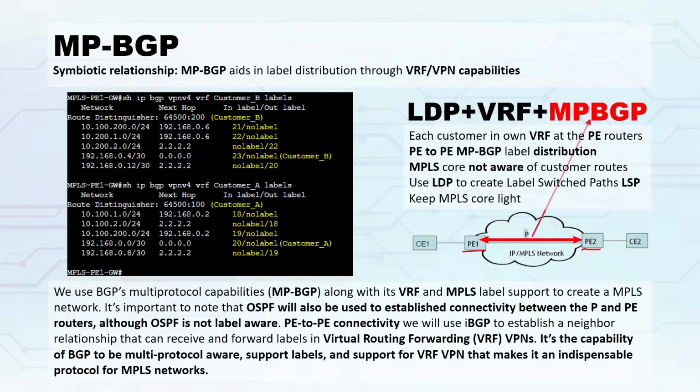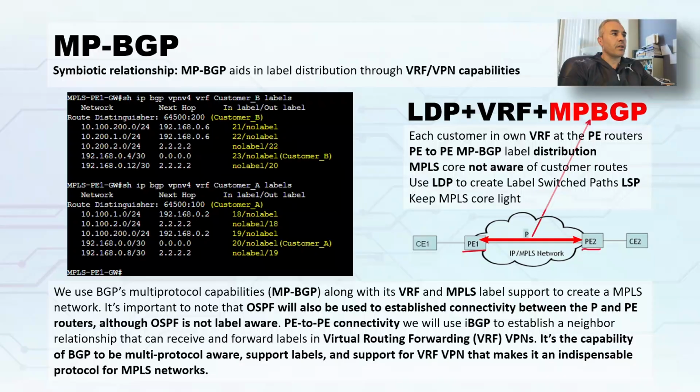One of the important things, like I mentioned about BGP, was support for labels, and then it got support for multi-protocol. That really was useful for MPLS. So MP-BGP, multi-protocol BGP, has a symbiotic relationship with MPLS, and it aids in label distribution through VRF VPN capabilities that it has built into BGP.